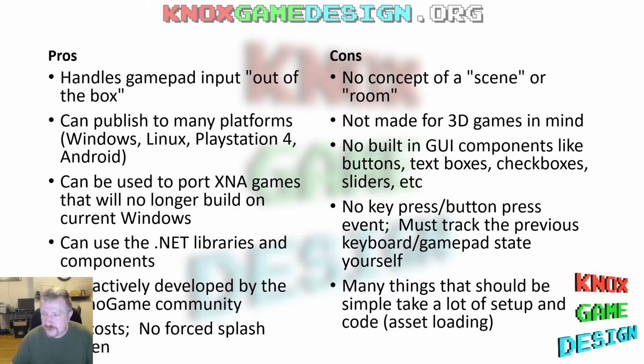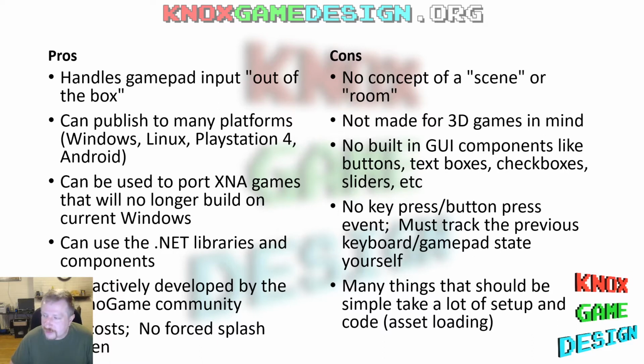So here's a list of pros and cons that I came up with for MonoGame. One good thing, and these can apply to both MonoGame and XNA, it handles a gamepad right out of the box, which some game development environments require you to do a little bit more to get your gamepad working, but straight out of the box, by default, it detects a gamepad, such as the Xbox 360 gamepad.